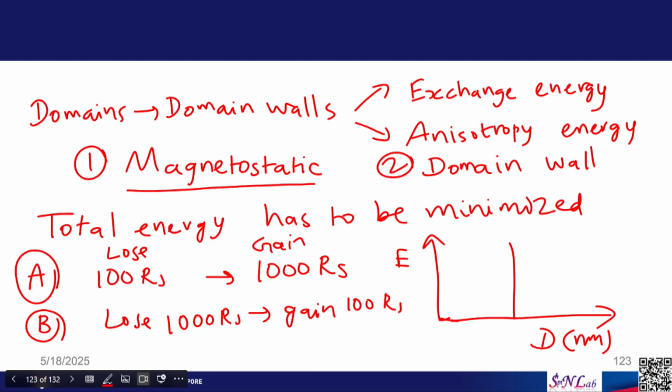If the particles are bigger in size, so when the particles exceed some critical diameter, you will see a multi-domain pattern. Your particles will be multi-domain. If the particle sizes are smaller, then you will have a single domain.